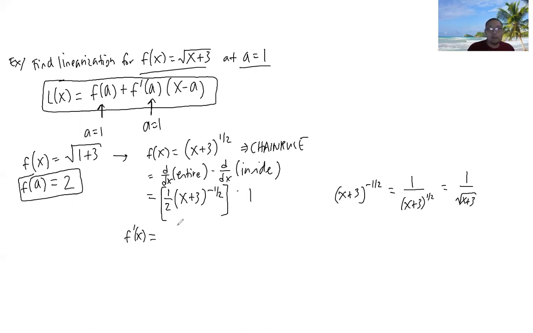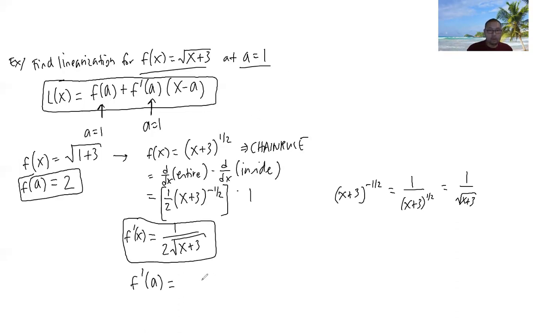And so this becomes 1 over 2 root x plus 3. Let's evaluate this at a is equal to 1. So f prime of a is equal to, you put a 1 here, that's 4. Root 4 is 2. 2 times 2 is 4. So this becomes 1/4.